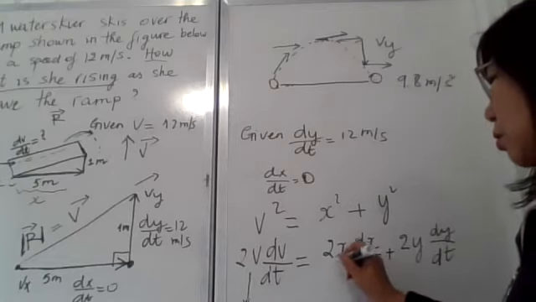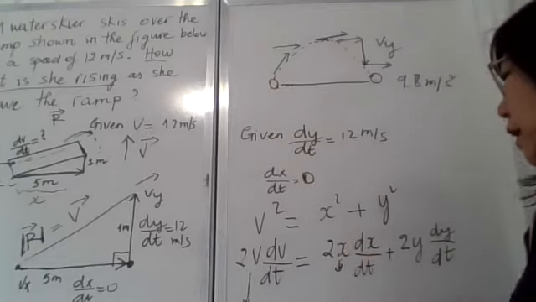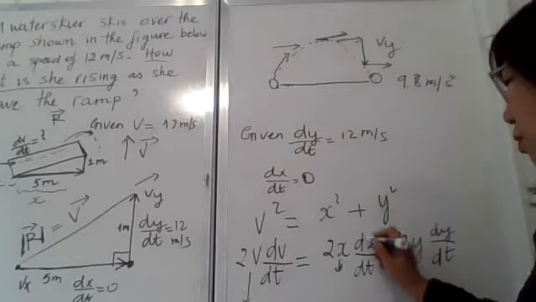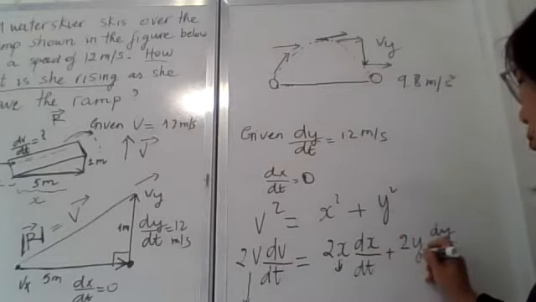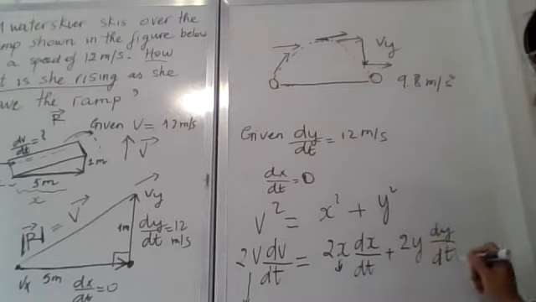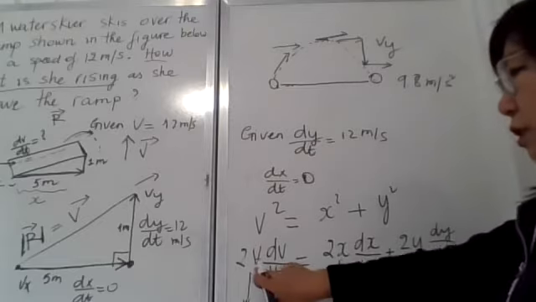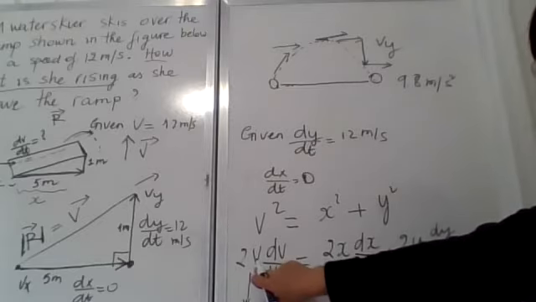The x we know. This is 5 meters. This one, dx over dt, we know is 0. The y we know, which is 1 meter. So now what we have to focus on is finding the component vector.